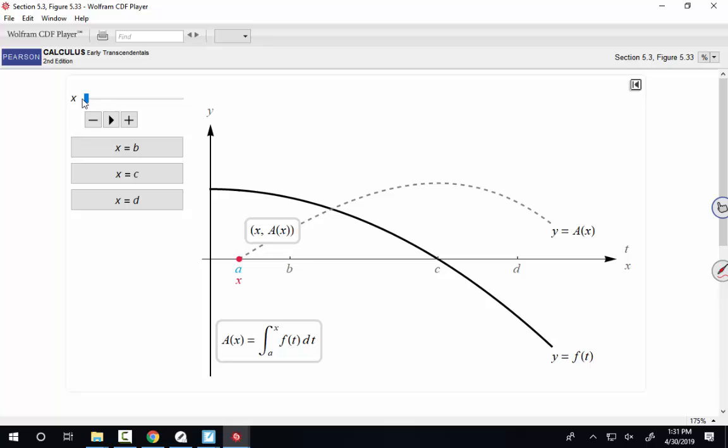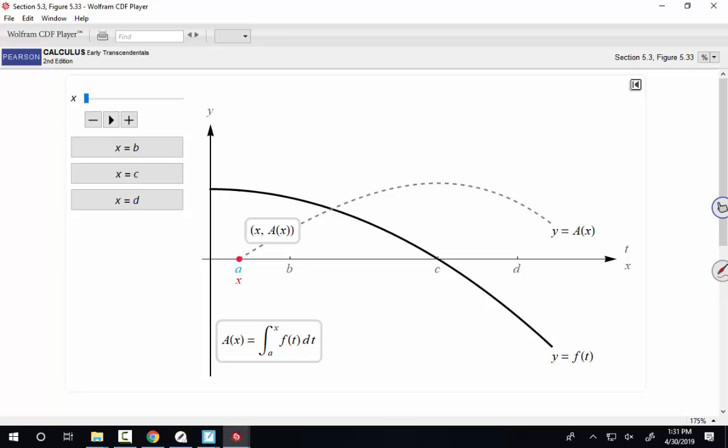Looking at another example, maybe to make sense of the area function. Here we've got the solid line is f of t, and then as x moves from a to wherever, what we're plotting here with this dashed line is the area function, or the amount of area accumulated. So notice if we start here at a, I guess that's as far as we can go back.